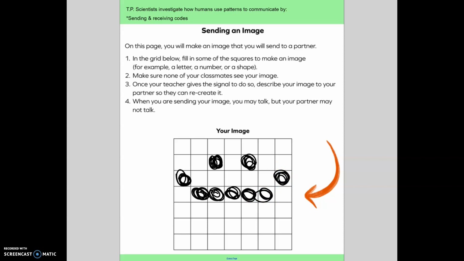Okay, so 3 squares tall, 2 eyes, and a mouth that goes from one side to the other.